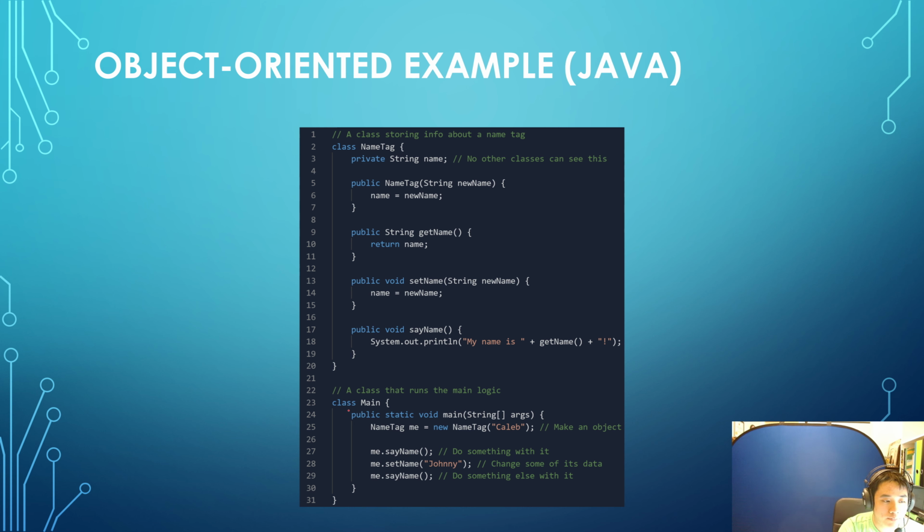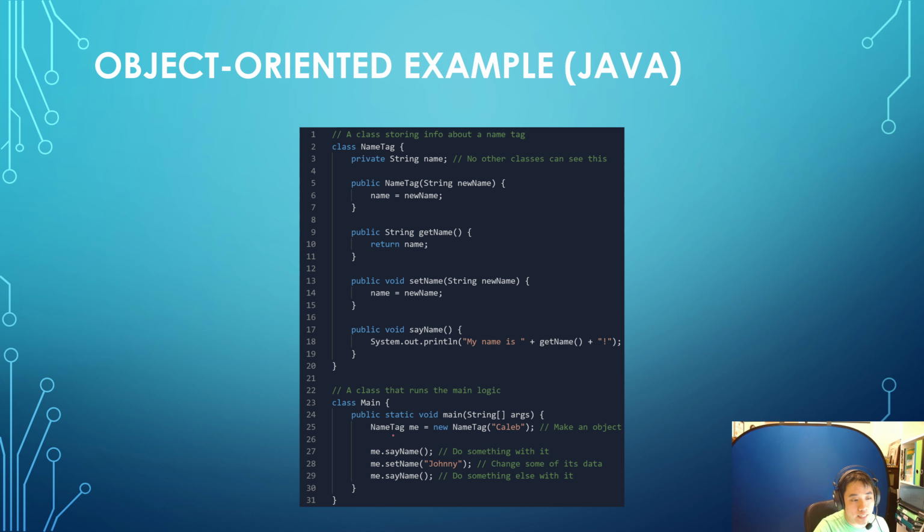So how about the main class? Let's take a look. The main class only has one method, which is the main method. The main method is what runs the Java code. And what I did here basically is I made a new object and stored it in the me variable, which is of the type name tag. Well, where did the name tag come from? The class name up here.